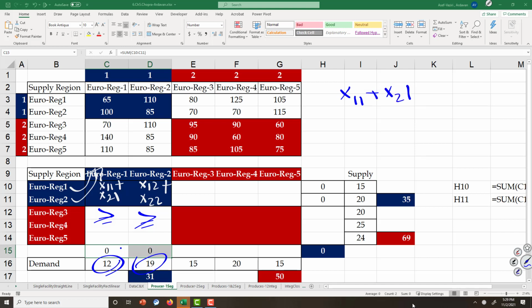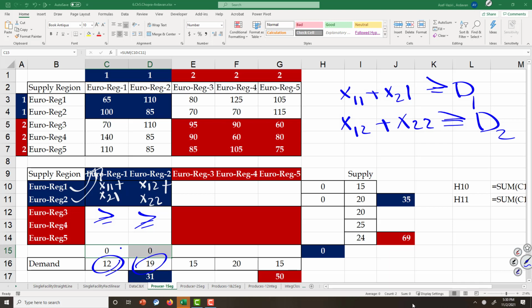Instead of writing equal to the demand of destination 1, I can write greater than or equal. The same for destination 2. X12 plus X22. Instead of writing it equal to the demand for destination 2, I can write it greater than or equal. And the problem will never deliver more than D1 and D2.